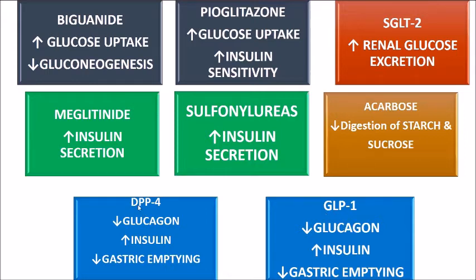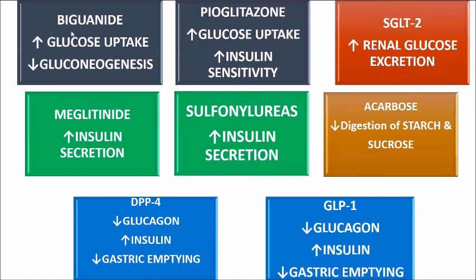The dipeptidyl peptidase is an enzyme which breaks down glucagon-like peptide 1. So if you inhibit this enzyme, you end up with the same result: decreased glucagon secretion, increased insulin secretion, and reduced gastric emptying, and thus reduced glucose absorption.